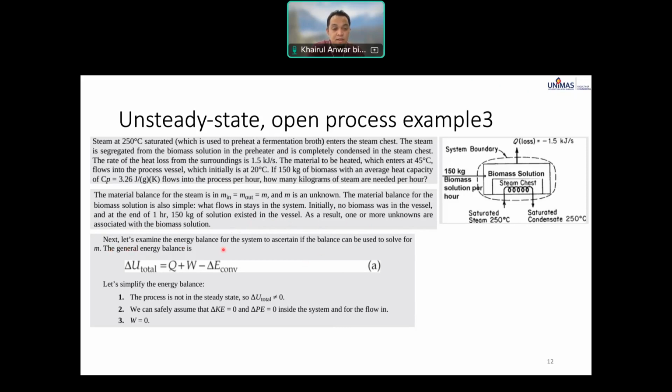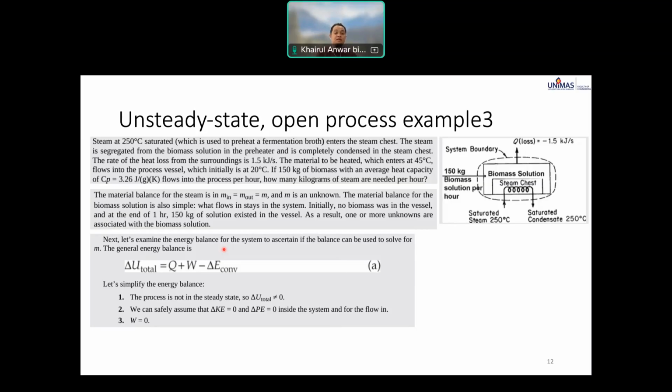Next, let's examine the energy balance for the system to ascertain if the balance can be used to solve for M. The general energy balance is delta U total equal to Q plus W minus delta E, kinetic and potential. Let's simplify the energy balance.